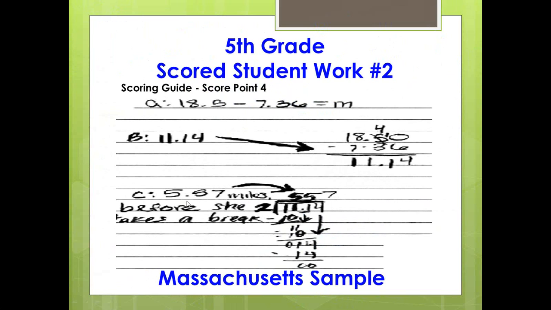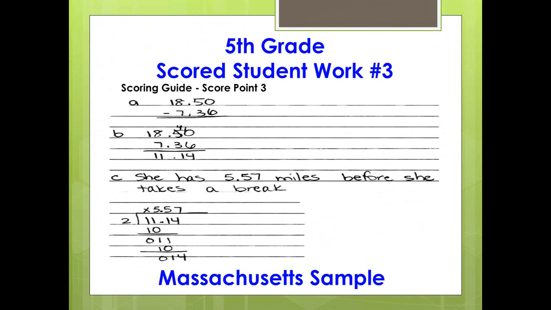And then part C was 5.57 miles by doing the same thing as the previous student. So she had 5.57 miles before she takes a break. So once again, a student can still score 4 points out of 4 points without having such a lengthy explanation, as long as the evaluator is able to understand the process that the student went through to answer.